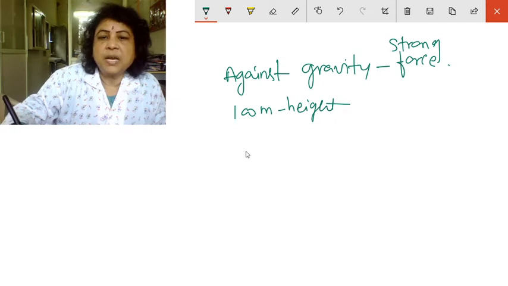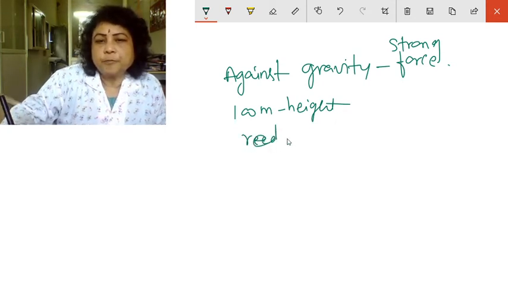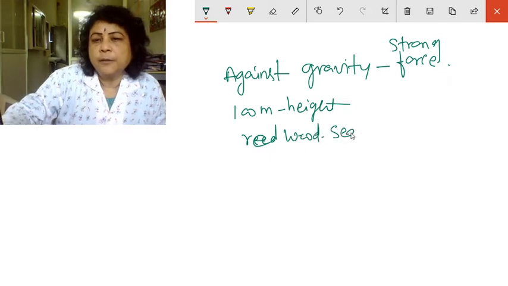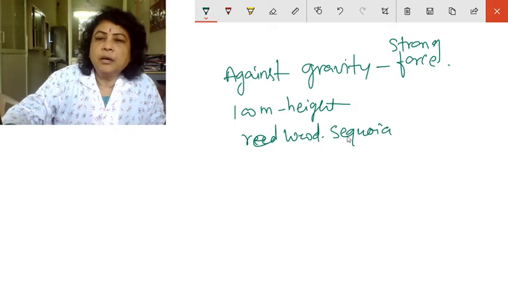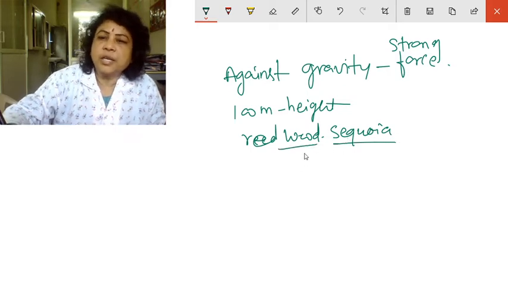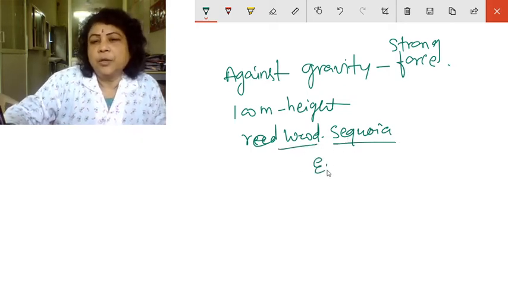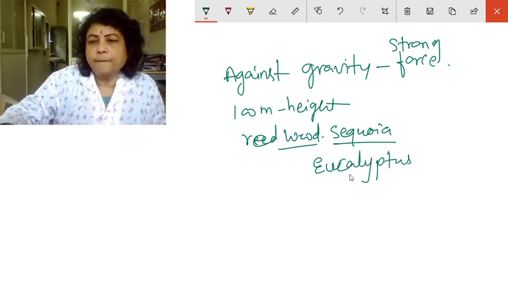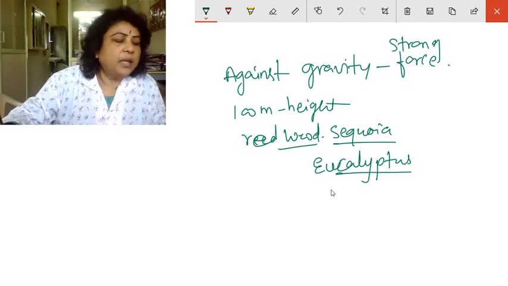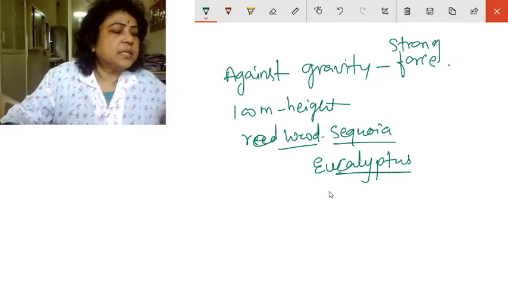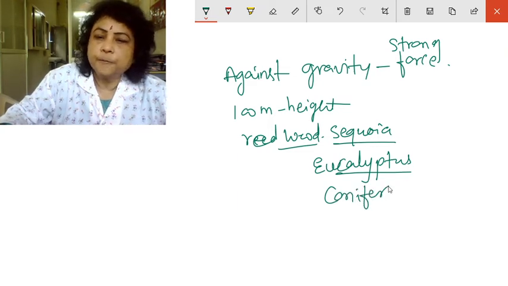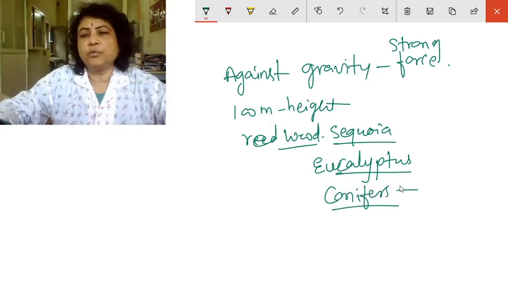Such plants may be the redwood tree, or the sequoia plant, or the eucalyptus, nilgiri, or a number of pinus trees, or we can say the conifers, the gymnospermic plants.